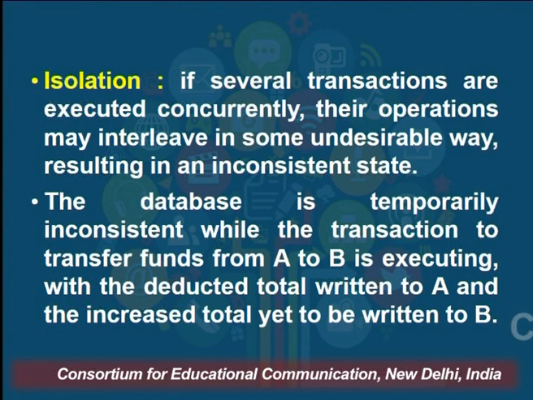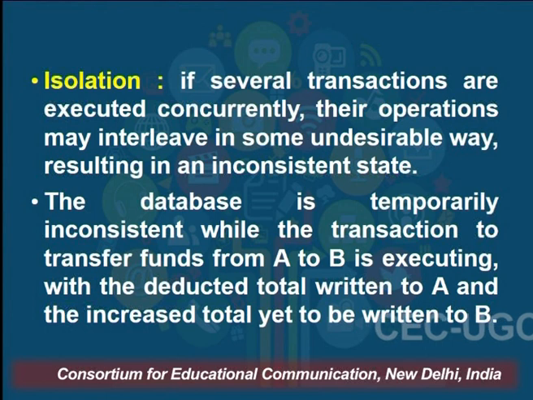We have talked about the intermediate inconsistency, or temporarily inconsistent state, when the transaction has already transferred funds from A. Those funds have been deducted, but are not yet credited to B. So the deducted total is written to A, and the increased total is not yet written to B; it is yet to be done.